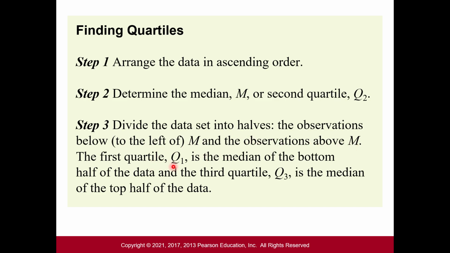The first quartile, Q1, is the middle or median of the bottom half of the data. And then the third quartile, Q3, is the middle or median of the top half of the data. So this is just how we're going to cut into 4 parts. We cut the data in half with the median, Q2, and then we cut the lower half in half again. And that's going to give us our Q1 location. And we cut the top half in half again, and that gives us our Q3 location.